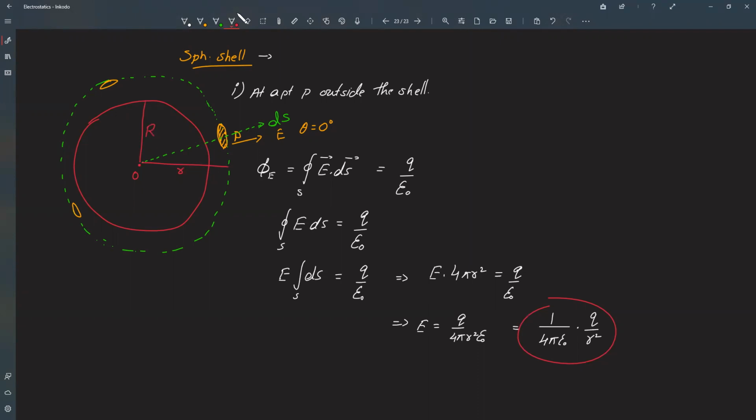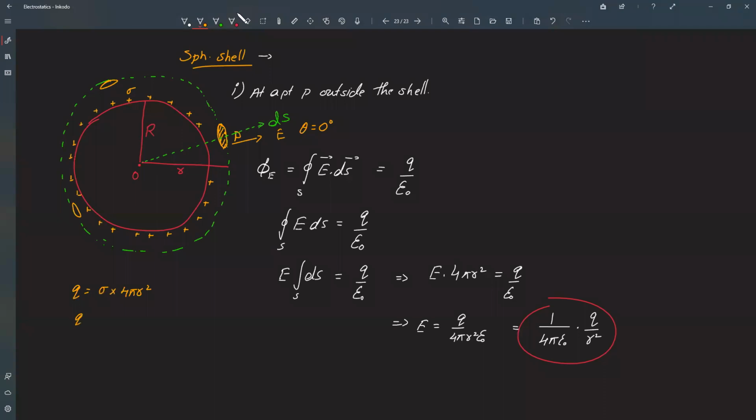Now next, if you see, this charge was actually distributed over this surface, right? So let's say the charge density of this is sigma. Uniform density, let's say that is sigma. That means the total charge is actually sigma into, sigma is what? Sigma is charge per unit area. So sigma into 4 pi r square is q.